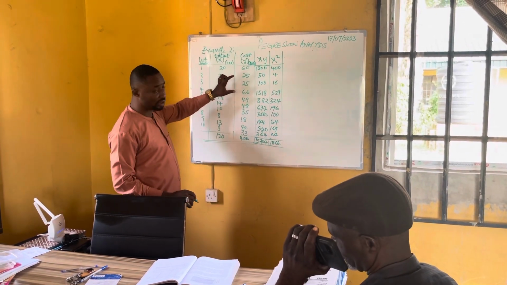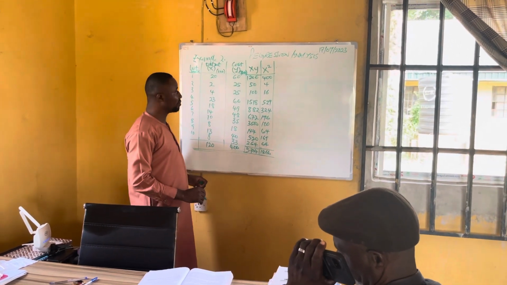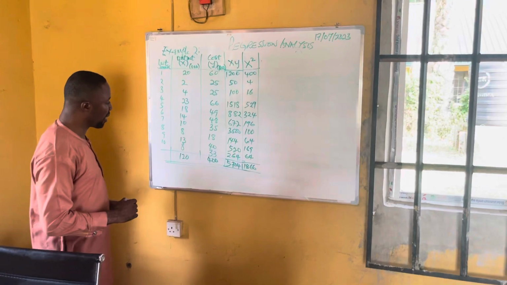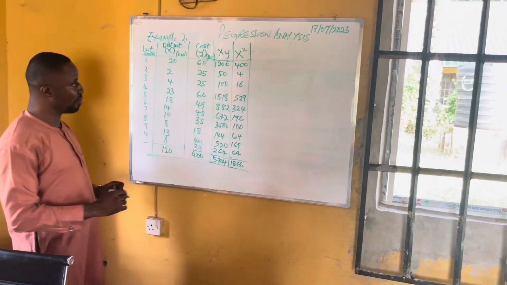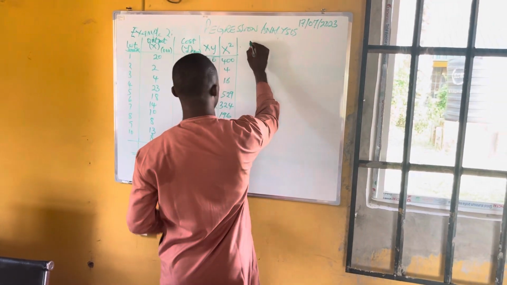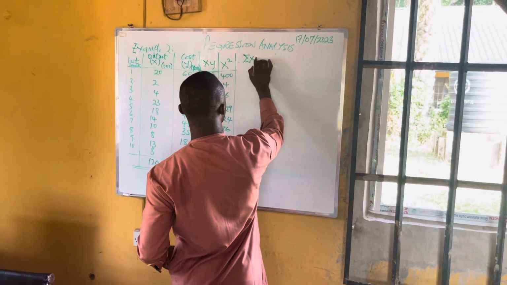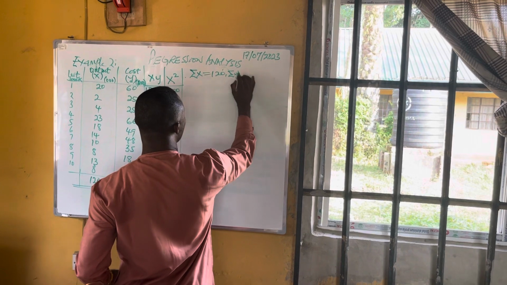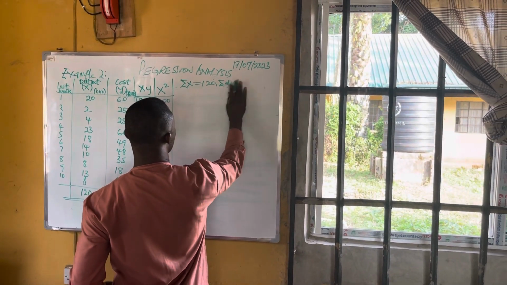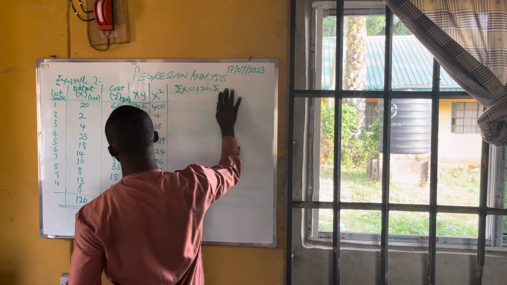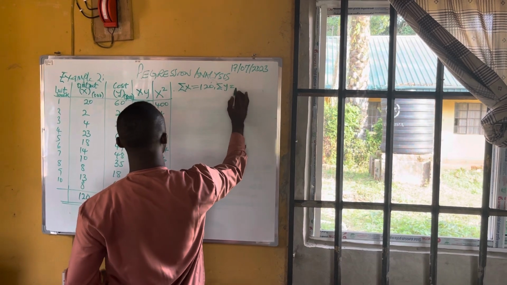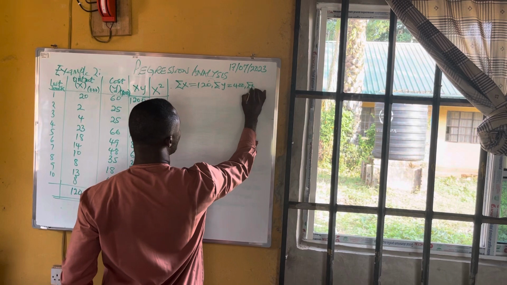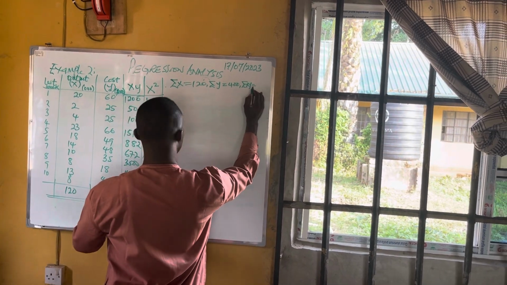Make sure you are catching this, because those from far should be able to see the board. Now we have defined the variables. Summation X is equal to 120. Summation Y is equal to 400. Summation XY is equal to what?